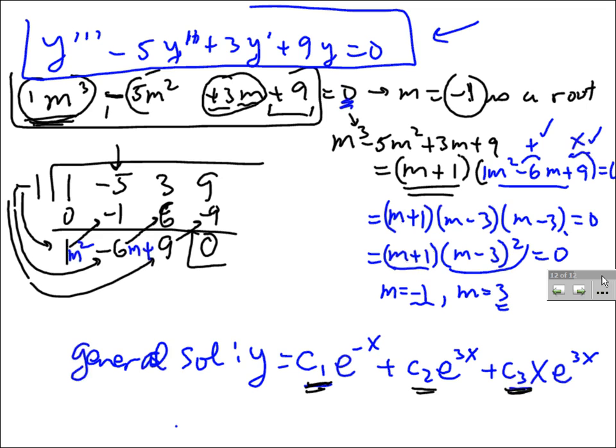Okay, let us try one last problem and then we'll be done with this. Suppose you were told that the fourth derivative of y plus 2 times the second derivative of y plus y itself is 0, and they tell you to solve this.